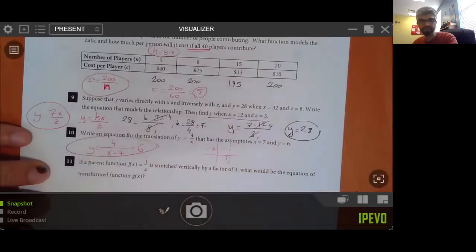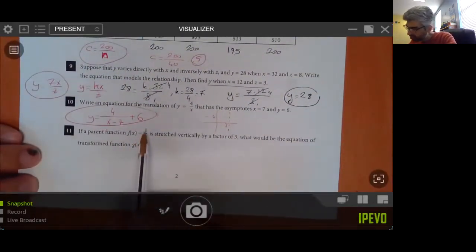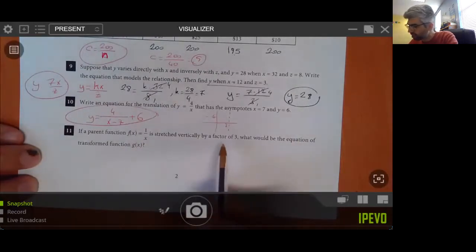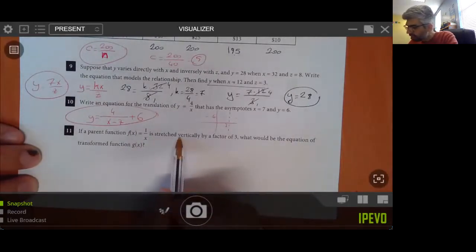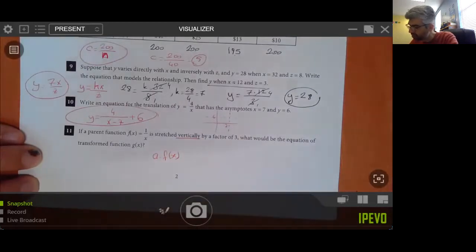This is the answer. Number 11, if a parent function is 1 over x, it's stretched vertically by a factor of 3. Okay, if it's vertical, it should be a times f of x, as you remember, right?